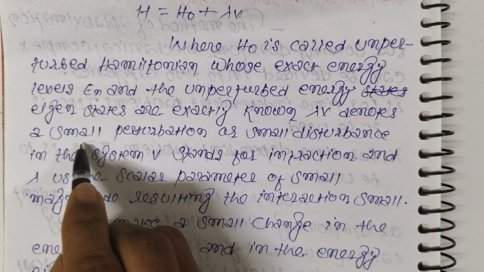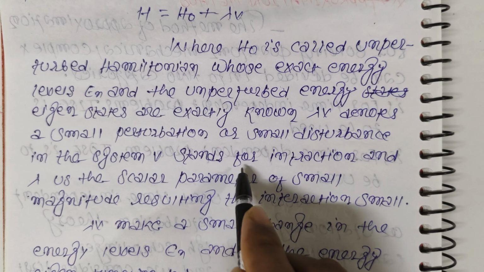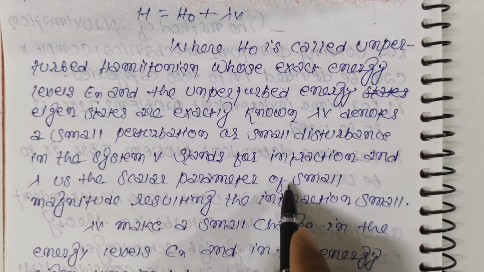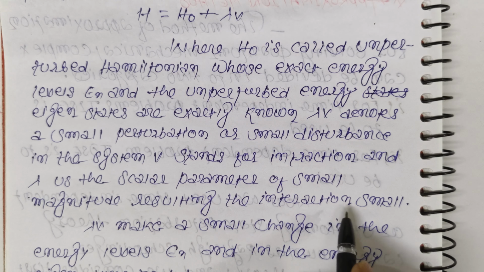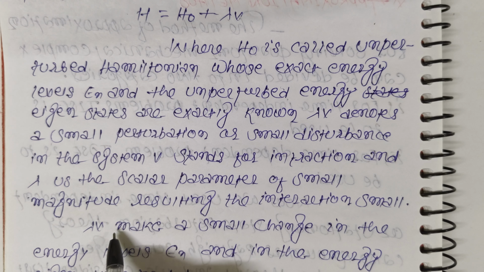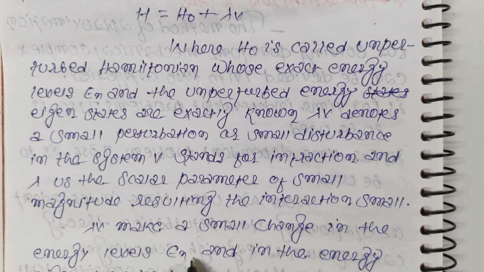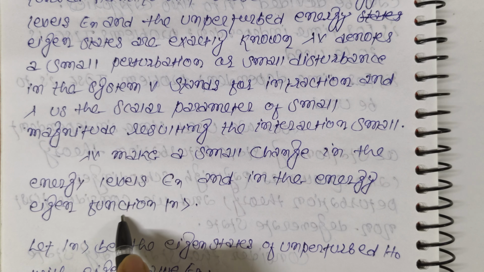Lambda V denotes a small perturbation or a small disturbance in the system, V stands for interaction, and lambda is a scalar parameter of small magnitude, resulting in the interaction lambda V making a small change in the energy levels En and in the energy eigenfunctions n.